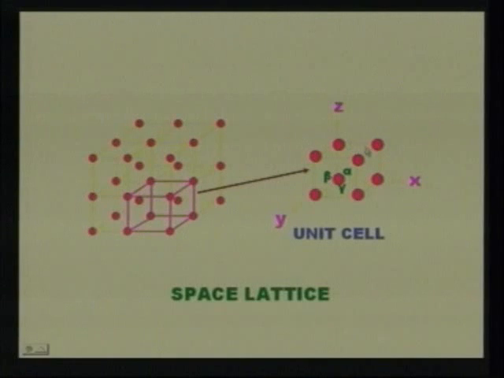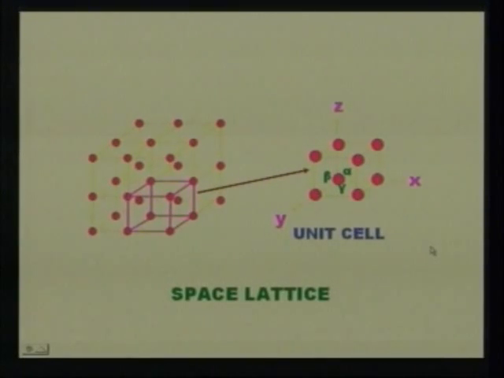In the space lattice, the unit cells are arranged according to the axes and also grow equally according to the axes. Here you see the angle between the x and z axis is alpha, the angle between the z and y axis is beta, and the angle between the y and x is gamma.